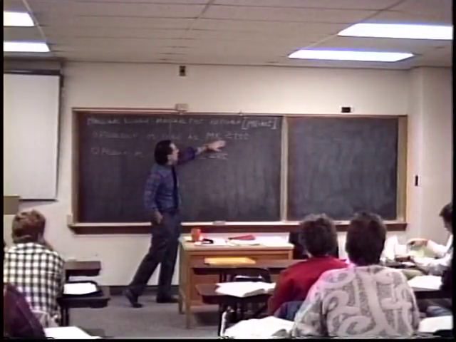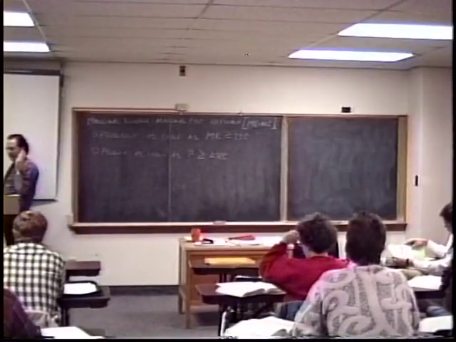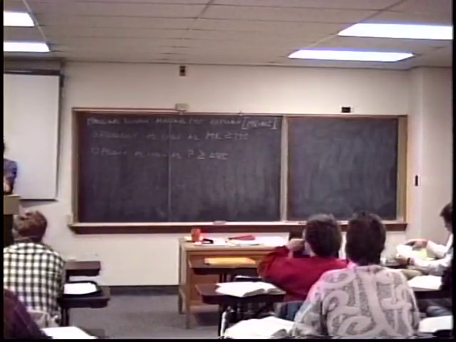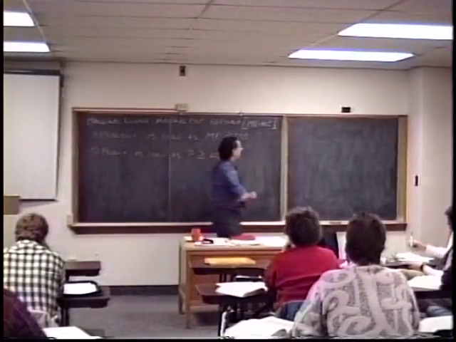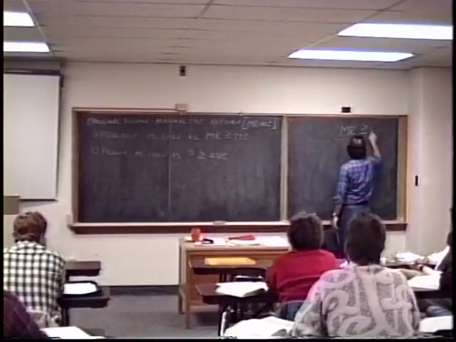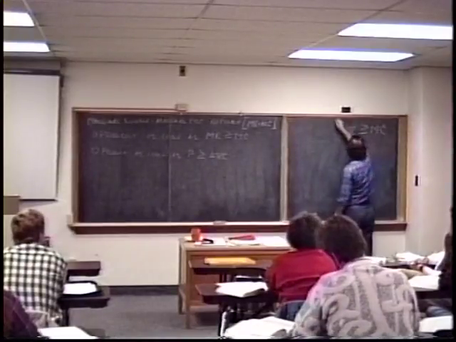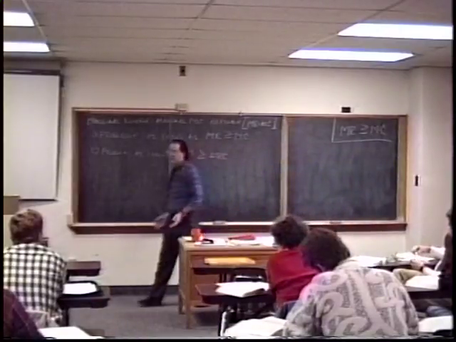You produce as long as marginal revenue is greater than or equal to marginal cost. We're going to use this a lot. So, marginal revenue greater than or equal to marginal cost. I need you to really understand this rule.